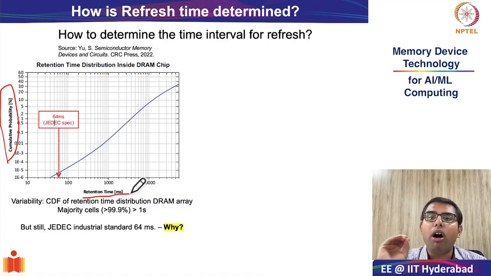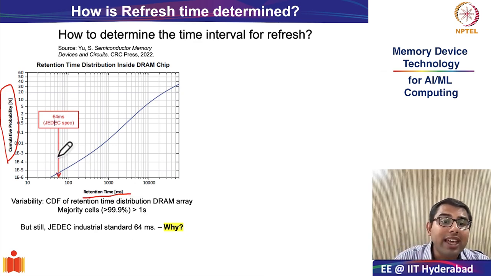Cumulative probability shows the accumulation of percentages as data values are added sequentially. In essence, in this graph, it means: what is the percentage of cells in the DRAM array, represented on the y-axis, which have a retention time larger than what is shown on the x-axis.